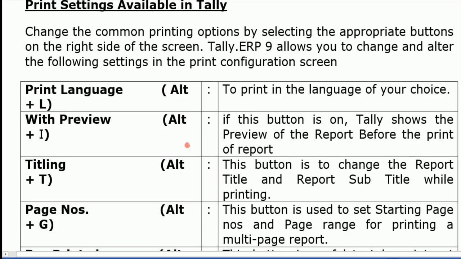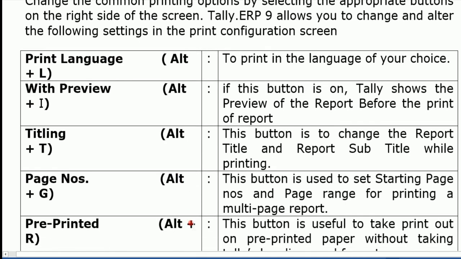With Preview, that means while printing you can see the preview, then you can do the printing process, by clicking the With Preview button, that is Alt+I. Title: you can change the title at the time of printing by using Alt+T or the Title option. Page Numbers: you can set the starting page number and the page range by using Page Numbers, Alt+G.